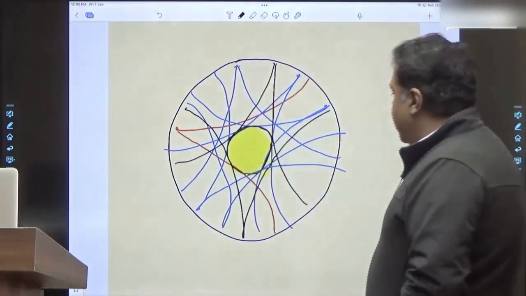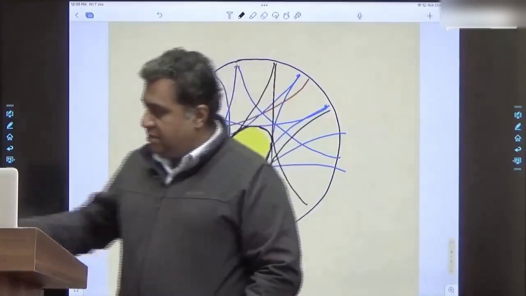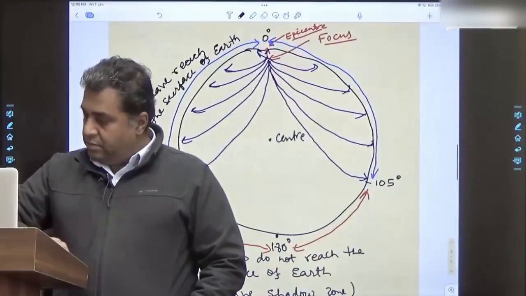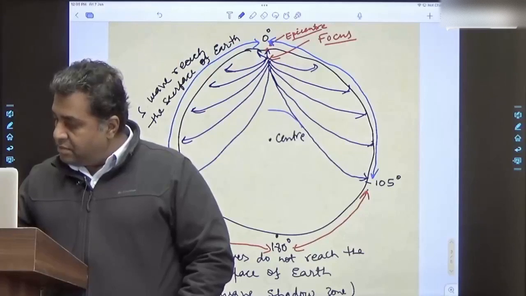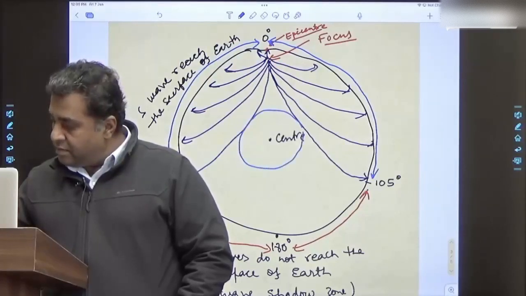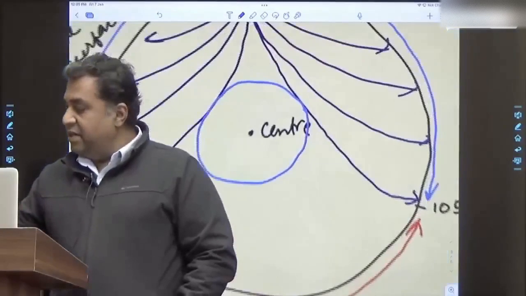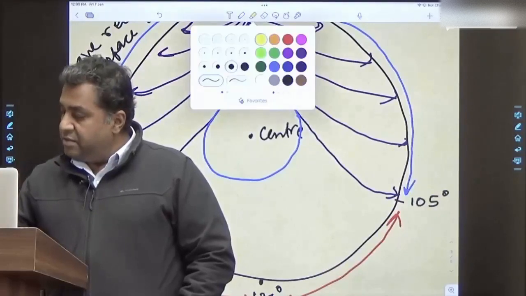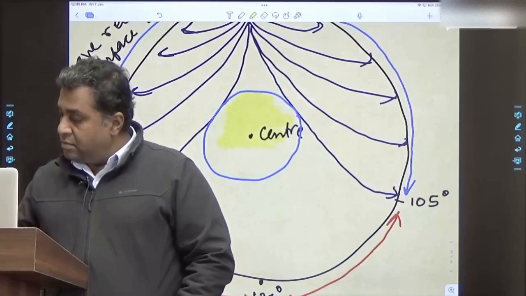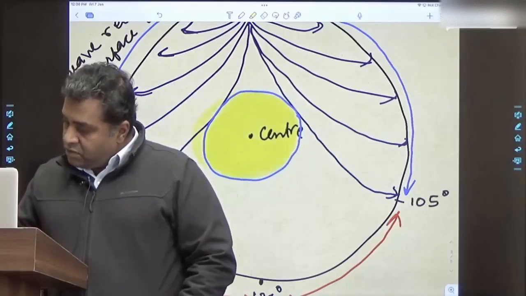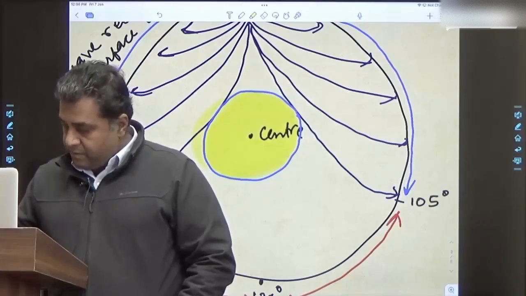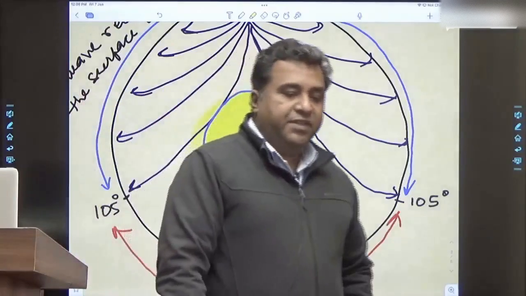This way, the S wave studies help us understand that at the center of the earth, there is a denser liquid state region through which S waves are not able to pass.